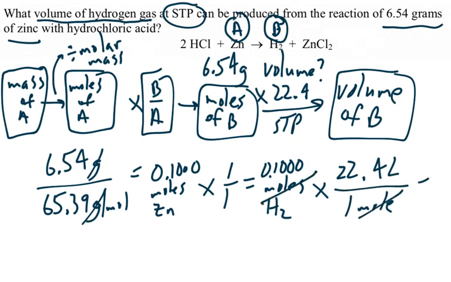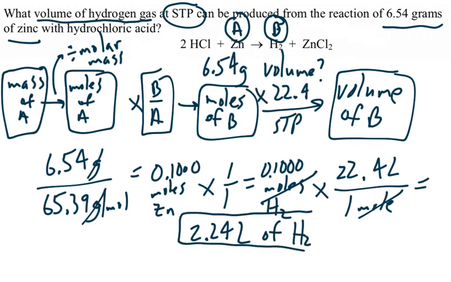So when you do the math here, using dimensional analysis, you end up getting 2.24. I'm already rounding it to 3 significant digits, and it's liters of hydrogen, and that is your final answer. Okay? Now let's try one more.